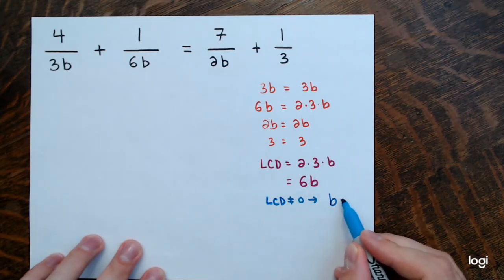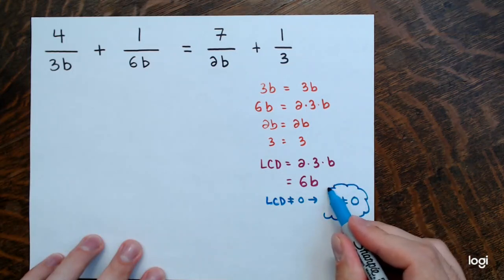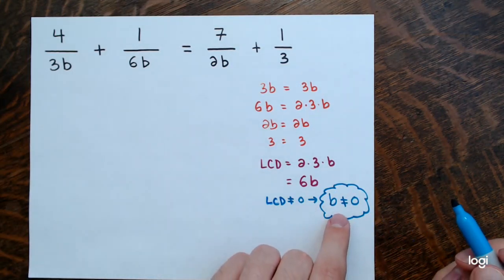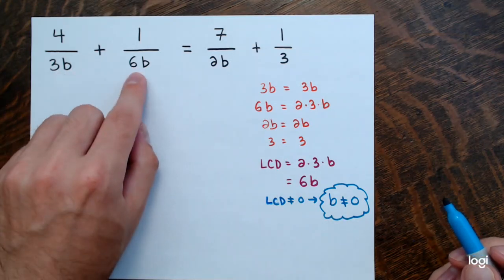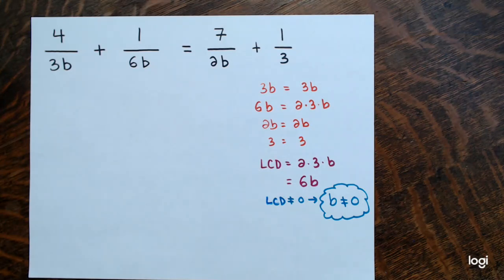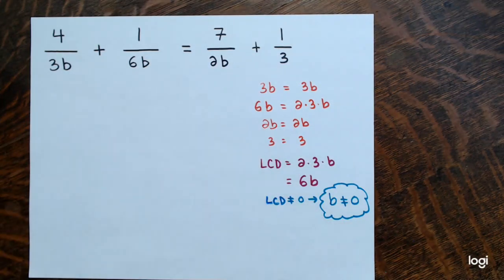So the value of b cannot be 0. This isn't the answer, I'm just bubbling it so I keep it in my head. And notice again, if b were 0, you'd have a 0 denominator there, a 0 denominator there, a 0 denominator there. That's bad, right? Any denominator, anytime throughout the entire course of a problem cannot be 0. So as long as b is not 0, we can proceed.